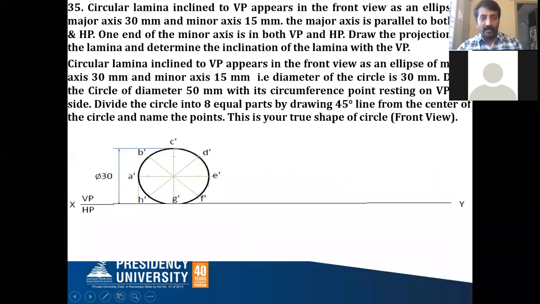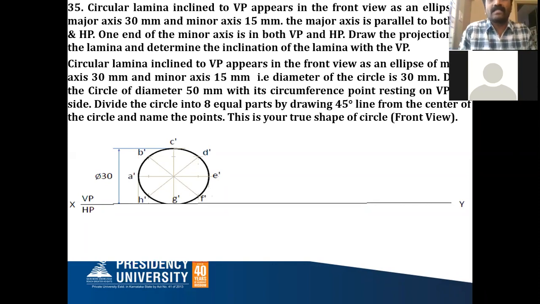A circular lamina inclined to VP appears in the front view as an ellipse of major axis 30 mm and minor axis 15 mm. The major axis is parallel to both VP and HP. One end of the minor axis is in both VP and HP. Draw the projections of the lamina and determine the inclination of the lamina with VP.